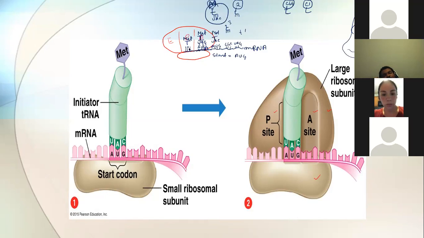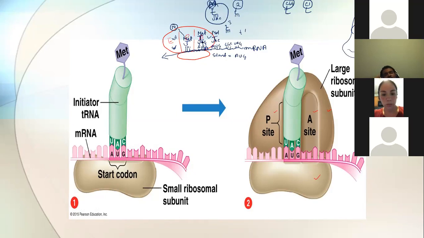Once that messenger RNA reaches the P site, it will release that amino acid. Then it will move slowly. Basically, the messenger RNA moves from the A site to the P site to the E site. Before it moves to the E site, the exit, it releases the amino acid.